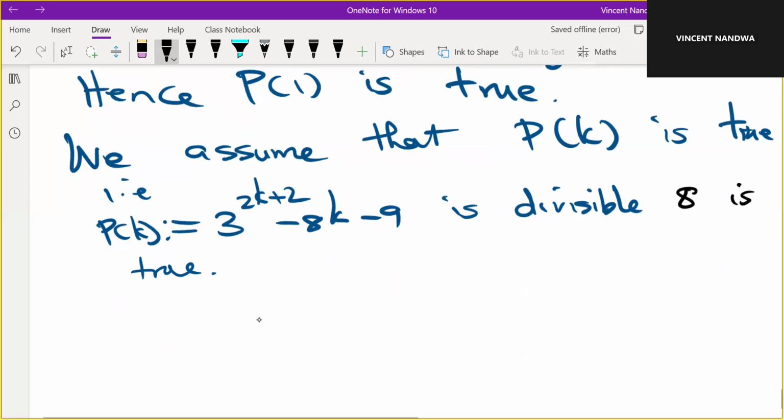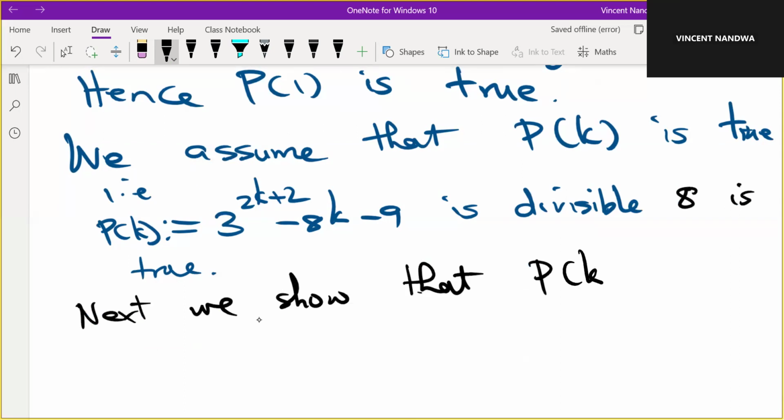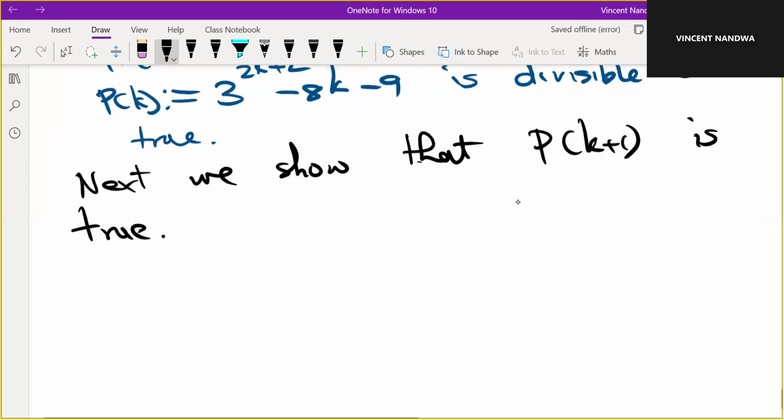So then next, we show that P(k+1) is true, okay? This step is usually where the main work is in proving by mathematical induction.